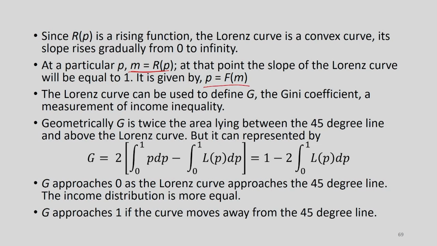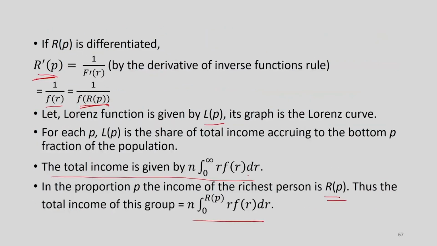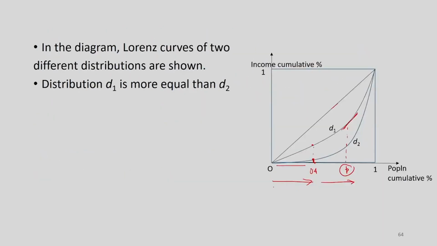The Lorenz curve can be used to define capital G. What is capital G? It is the Gini coefficient, a measurement of income inequality. Geometrically, G is twice the area lying between the 45-degree line and above the Lorenz curve. It can be represented by this expression. Again, let us look at that geometric thing.